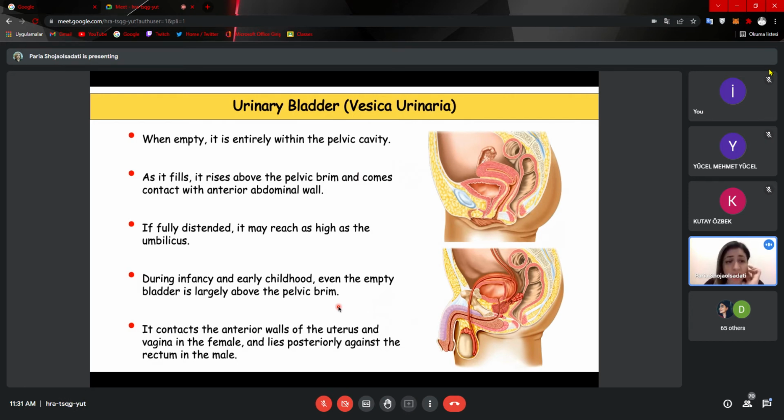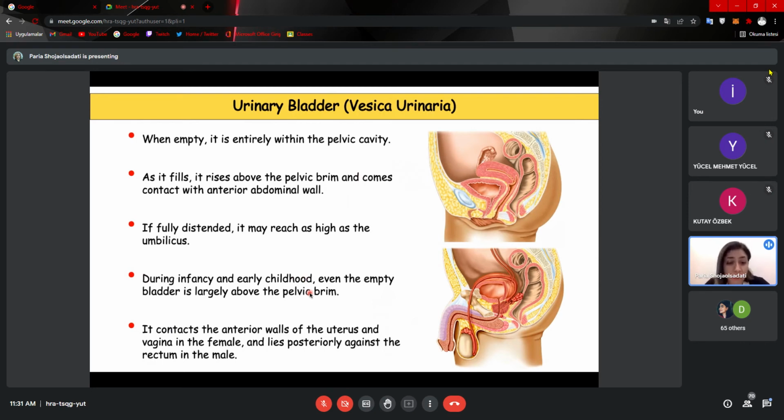If fully distended, it may rise as high as the umbilicus. During infancy and early childhood, even the empty bladder lies largely above the pelvic brim, and it's named an abdominal organ in children.